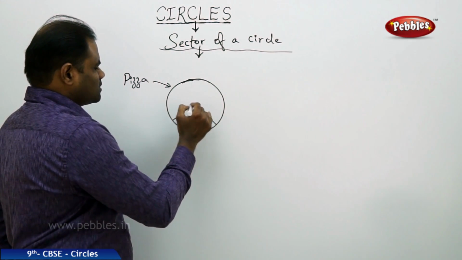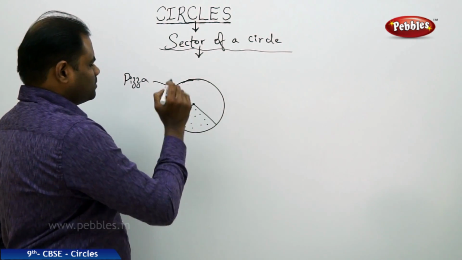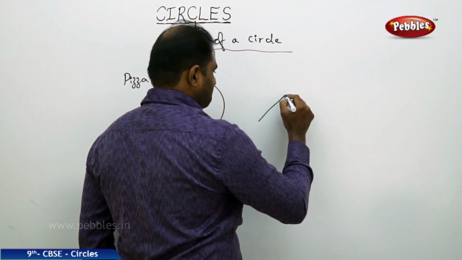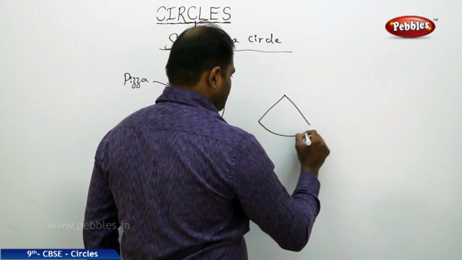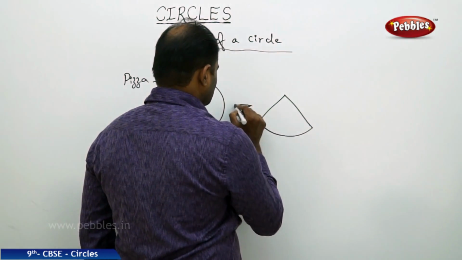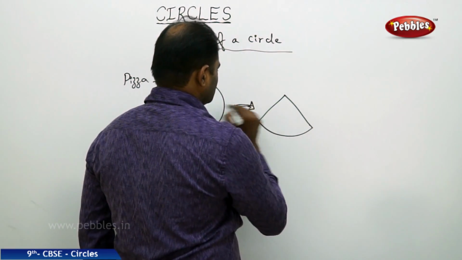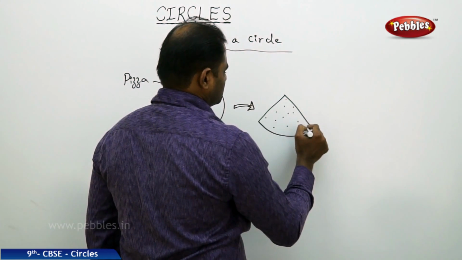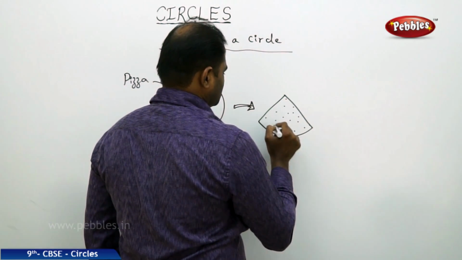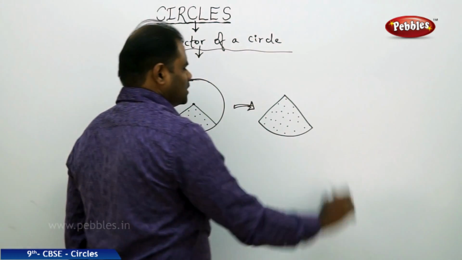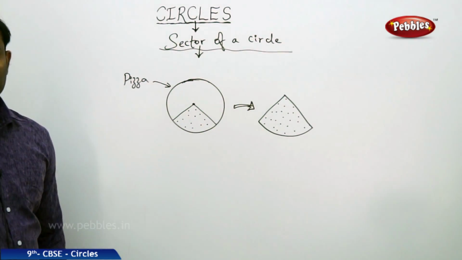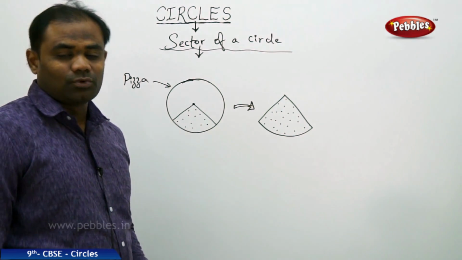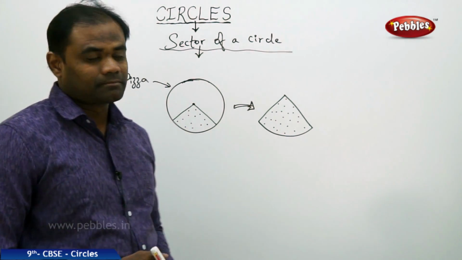So this is the piece of the pizza which I cut out there. And thus I obtain a piece of pizza out here. So this is the piece of the pizza through which I define a sector.